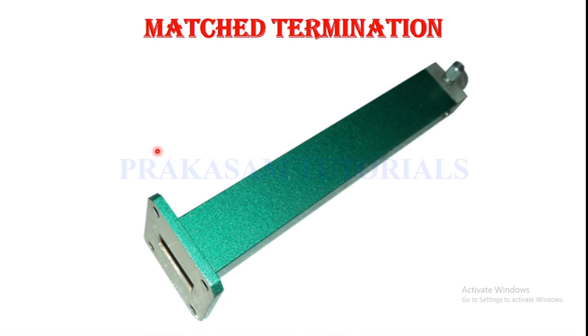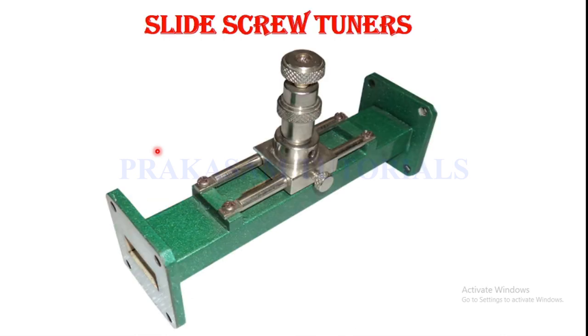The matched load is a microwave matched termination at the desired characteristic impedance, either 50 ohm or 75 ohm. It is used to observe the microwave power. So that is the matched load or matched termination waveguide component.